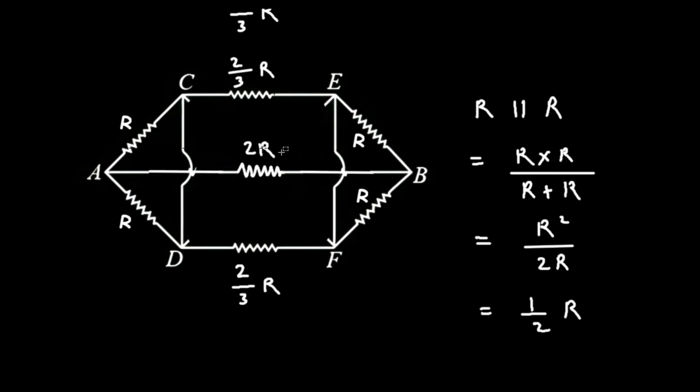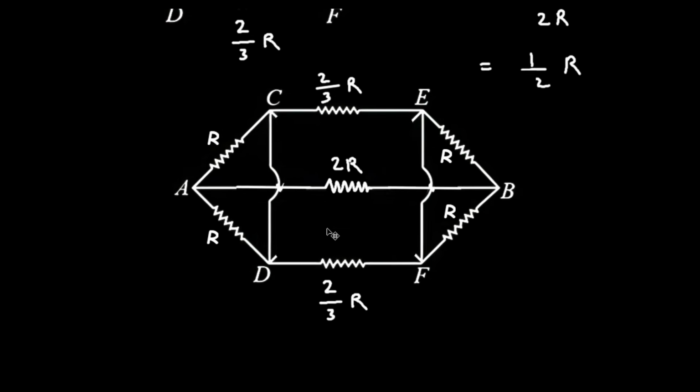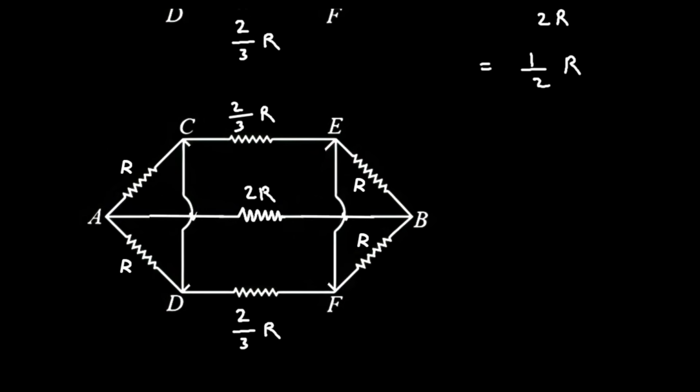So again, let's copy it. We can erase any one of them. So let's erase this one. Now this will be simply 1 by 2 into R. Now here also we can erase this one.